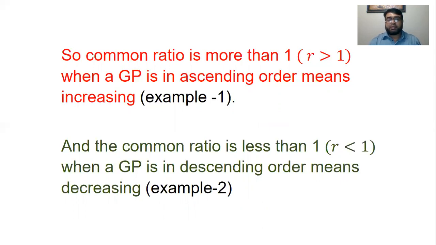So when the common ratio is more than 1, this GP is an ascending order sequence because the numbers are growing, increasing. And when R, the common ratio, is less than 1, it is a descending order sequence. That means a geometric progression will be increasing when R is more than 1, and it will be decreasing gradually when R is less than 1. This is a very important thing that we should remember.